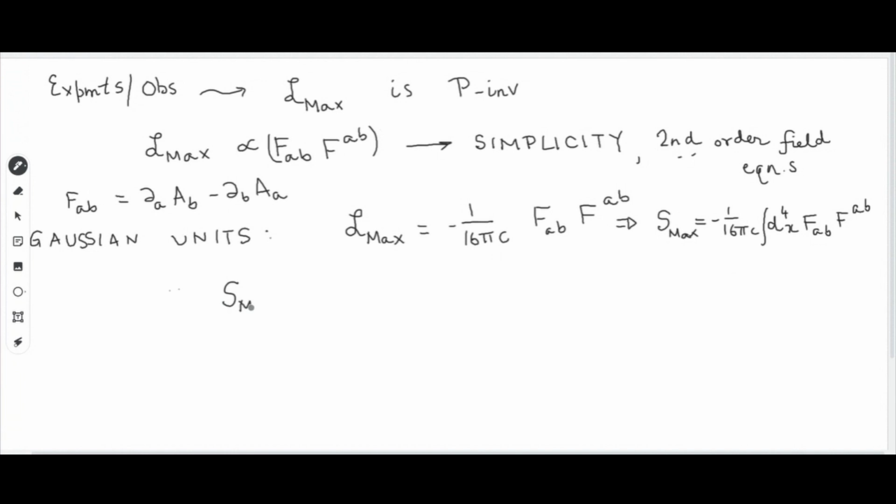Well, remember that the action is a functional of the dynamical degree of freedom, which for us is the 4-vector potential, and this is minus 1 over 16 pi c integral d^4x F_AB F^AB.